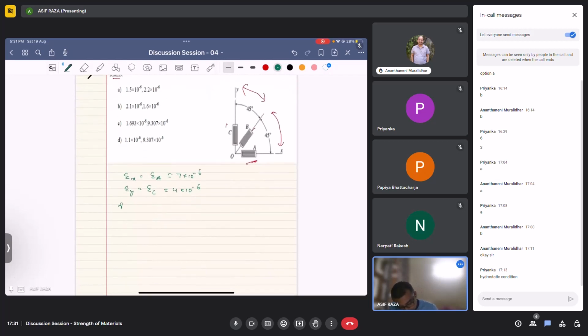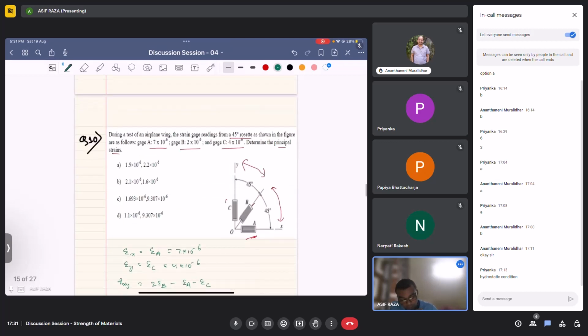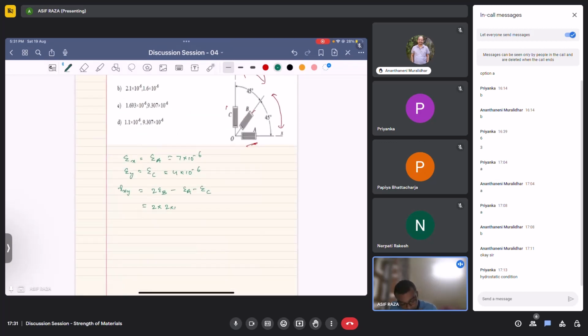To find gamma xy, that would be equal to 2 times epsilon B minus epsilon A minus epsilon C, that is 2 times (2 into 10 to the minus 6 minus 7 into 10 to the minus 6 minus 4 into 10 to the minus 6).